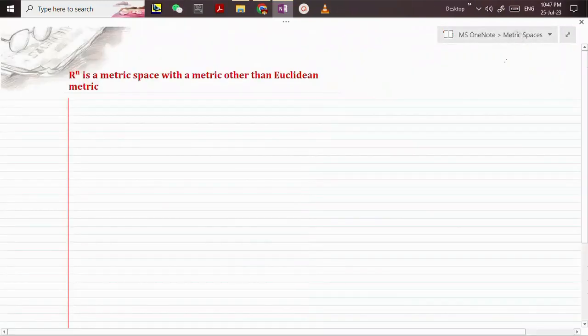Secondly, our next proof is regarding Rn once again, but we shall prove that Rn is a metric space with a metric other than the Euclidean metric. So what kind of metric do we define here?